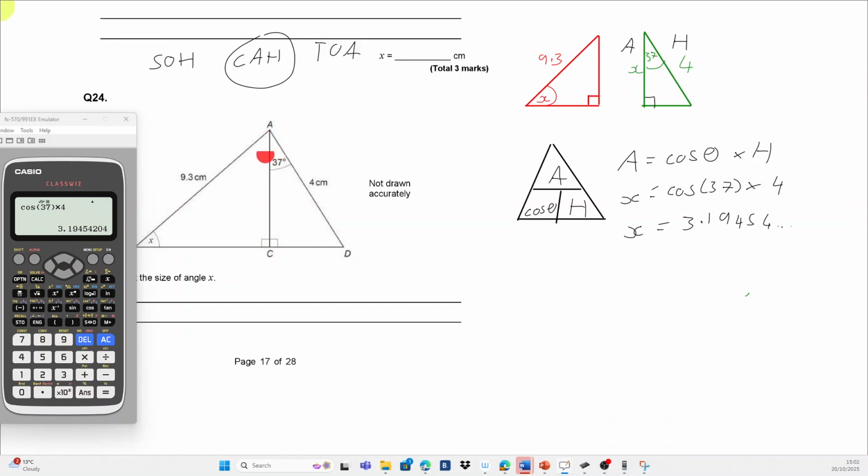So on my diagram over here, I'm going to label this side to be 3.19454. And now I can put it onto this diagram, because that's length AC, which is over here, AC. So I'm just going to label it as 3.19, otherwise it'll get too messy, but that's fine. 3.19, which you can't really read.